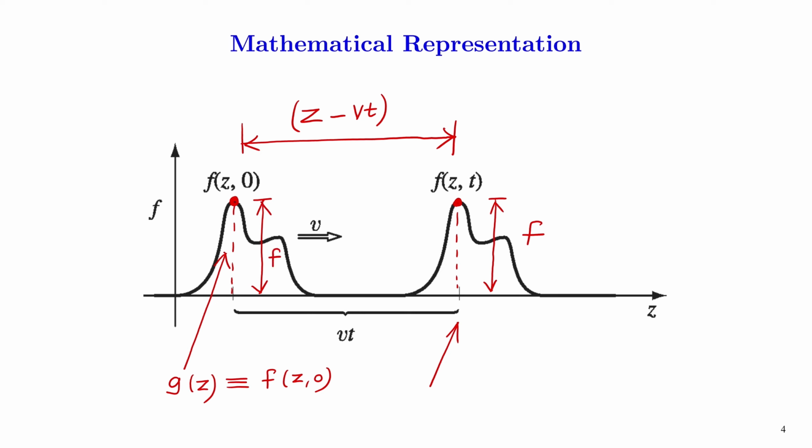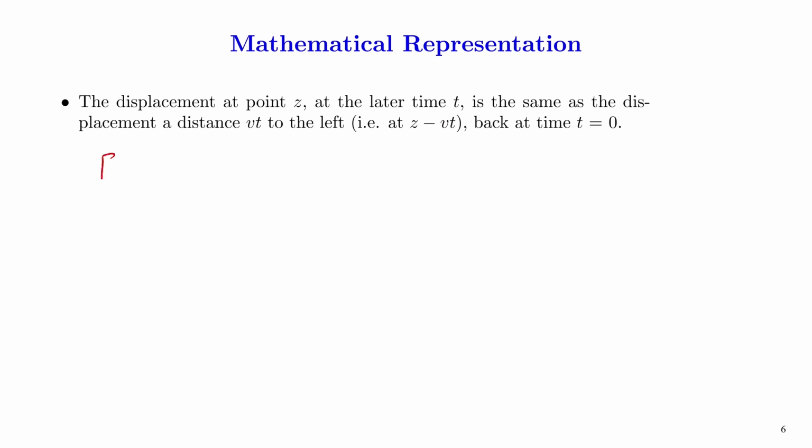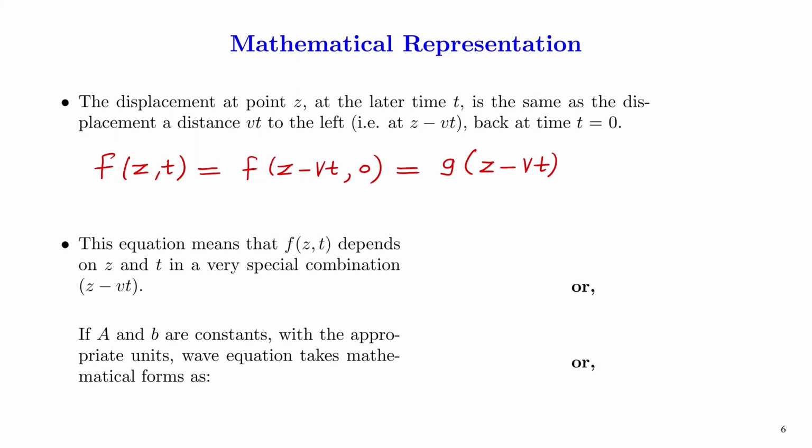And from this observation, we can write f(z, t) equal to f(z minus vt) defined at time t equal to 0, and mathematically this can be written as a function g(z minus vt). This equation means that f(z, t) depends on z and t in a very special combination, z minus vt.